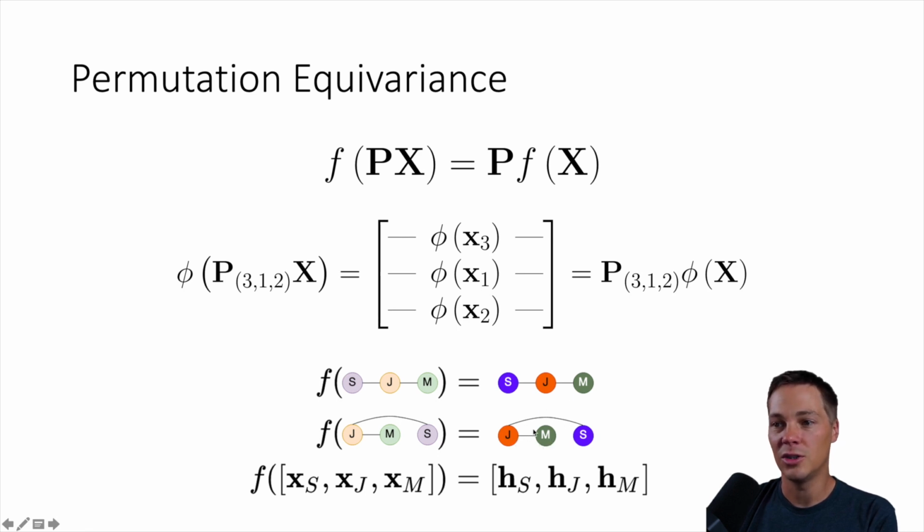It's just shuffled up in the same way that the input was shuffled. So really what this function is doing is it's mapping a list of inputs to a list of outputs, where the indexing of input to output is the same. So we have SJM, so we'll get SJM out the other side, but each one of these elements in the list will be transformed in some way.